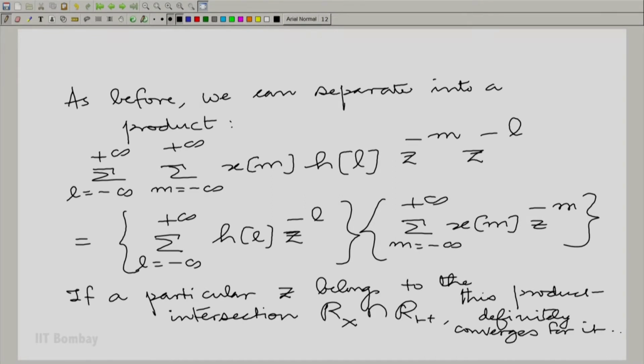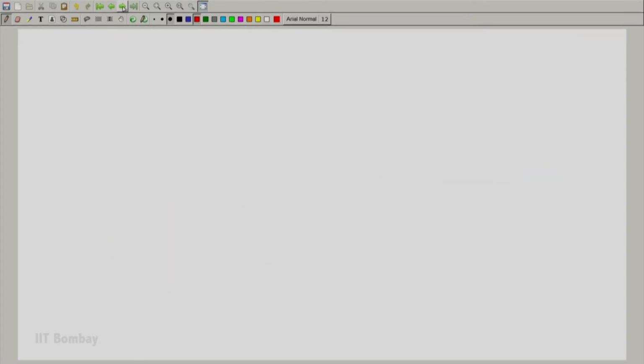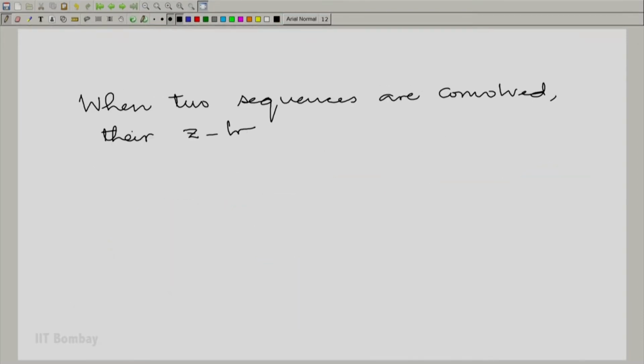So, therefore, if you look carefully, what we have here is the Z transform capital H of Z. What we have here is the Z transform capital X of Z, and we are sure now that we have at least the intersection in the region of convergence. So, we can now state property 4 for the Z transform.